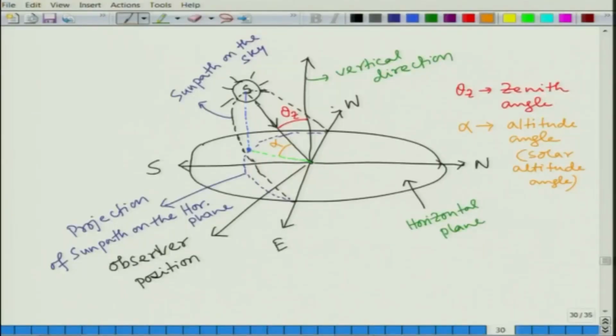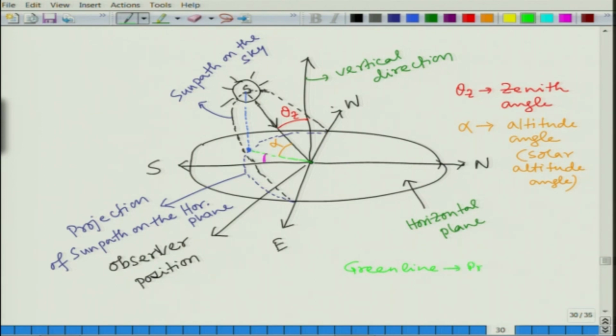Now, another angle we can observe here is on the horizontal plane. What angle is this? This is the projection of the sun ray, the green line that you see in the diagram.